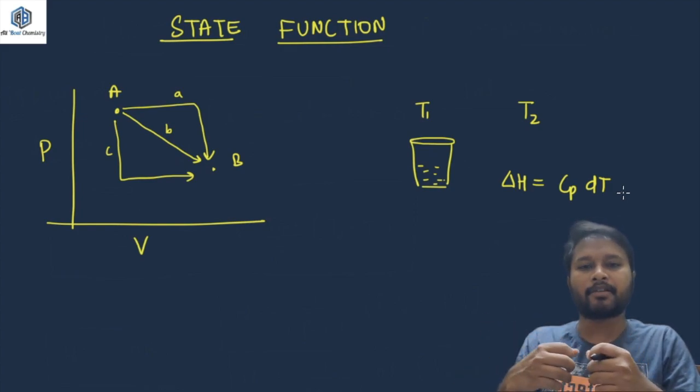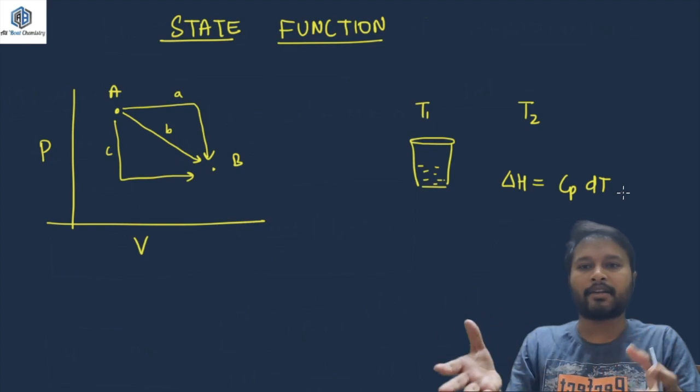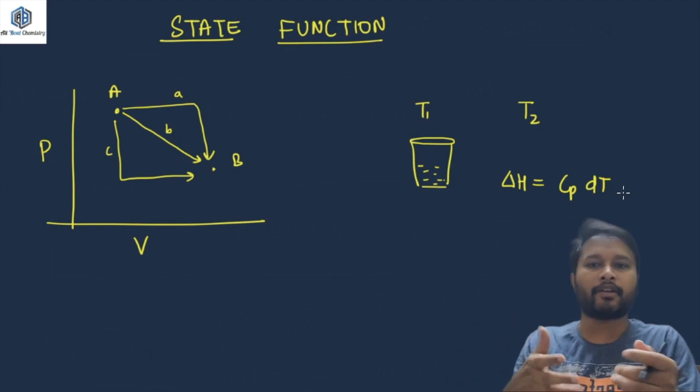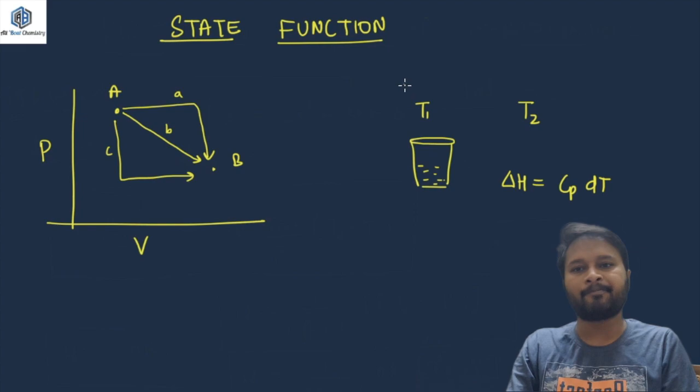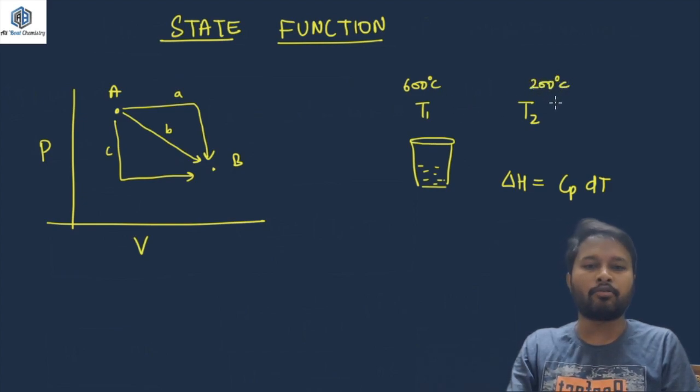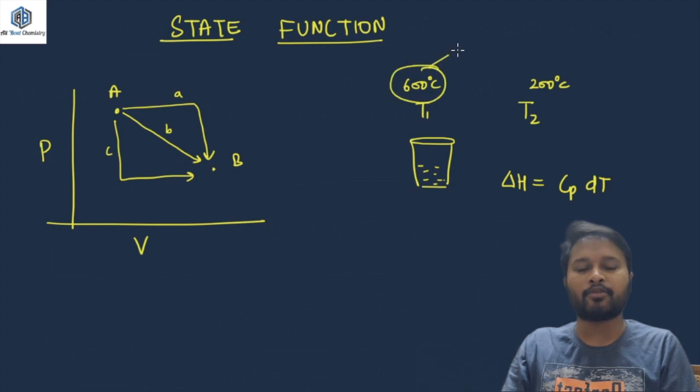Now it does not matter how you went from T1 to T2. Let's say T1 was 600 degrees Celsius and T2 was 200 degrees Celsius. From 600 to 200, how you went does not matter; the delta H value does not depend upon that. It might happen that from 600 degrees Celsius you first cooled it to 400 degrees Celsius, then from 400 you cooled it again to 200.